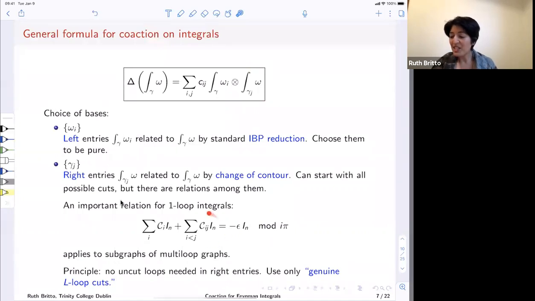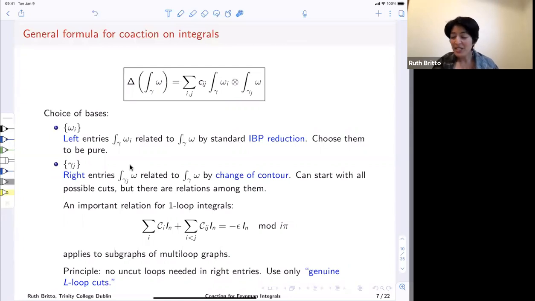So this is fine because this is going to be used on the right side of the coaction. Now this is a lovely relation, and it's only true for one loop integrals as such, but we can use it as applied to subgraphs of multi-loop graphs if we integrate loop by loop.